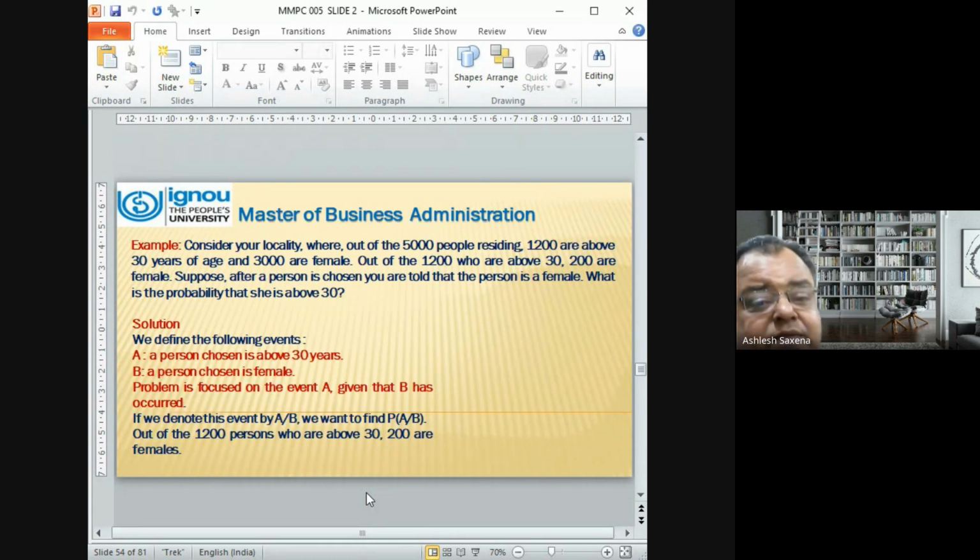Consider your locality where out of 5000 people residing, 1200 are above 30 years of age and 3000 are female. Out of this 1200 who are above 30, 200 are female. बस यही लिखा हुआ है वो. Suppose that a person is chosen and the person is a female. What is the probability that she is above 30? तो आपकी तो प्रॉब्लम में गिवन है वो 200.